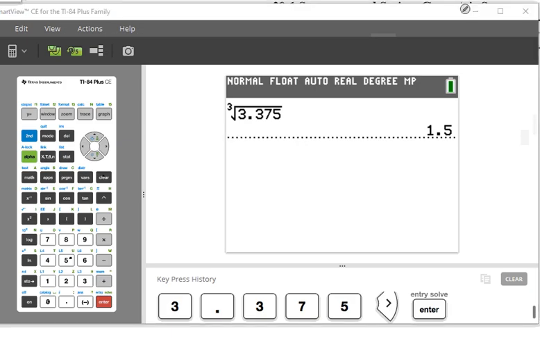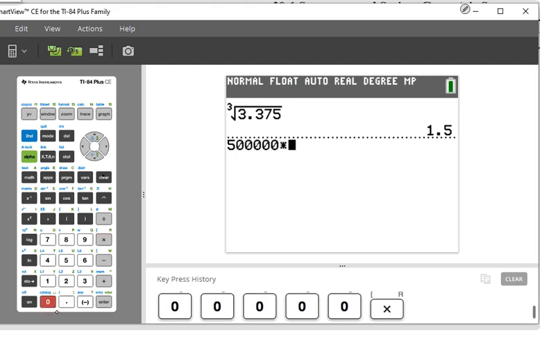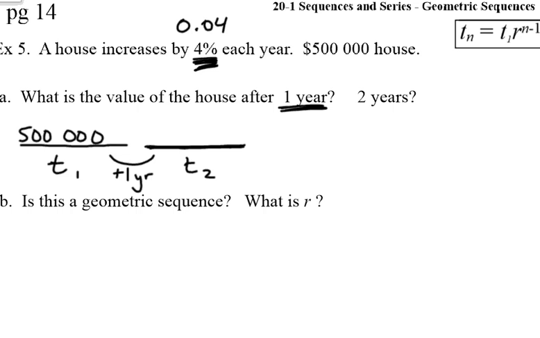So 500,000 times the 4%, and you get $20,000. So some students say, oh, I'm going to multiply by 4% and get 20,000. So the $500,000 house becomes a $20,000 house.